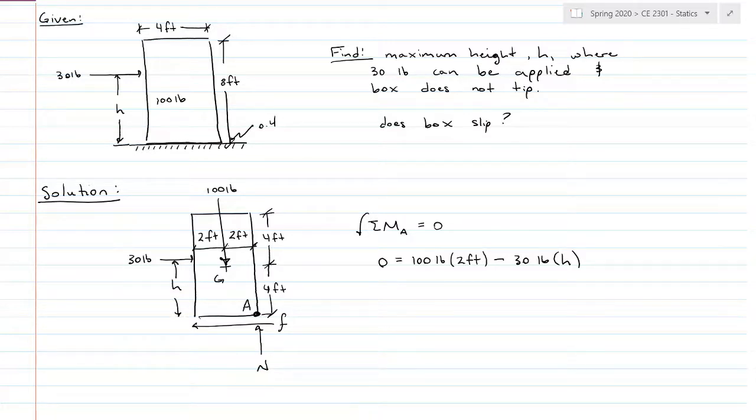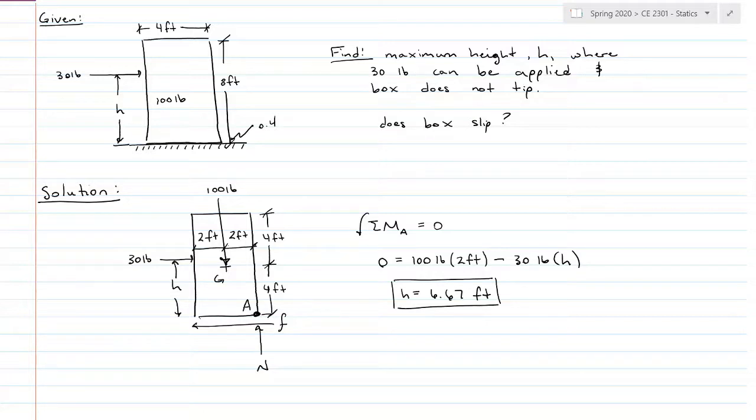Otherwise, we just draw it in the middle because the box is sitting on the ground. But this is a rotation, so it's going to be the corner. And I solve for h, and I get that value to be 6 2/3 feet. So that is the height that we can push on the box, and it will not tip over. If we go past 6.67 feet, it'll start to tip over, right?